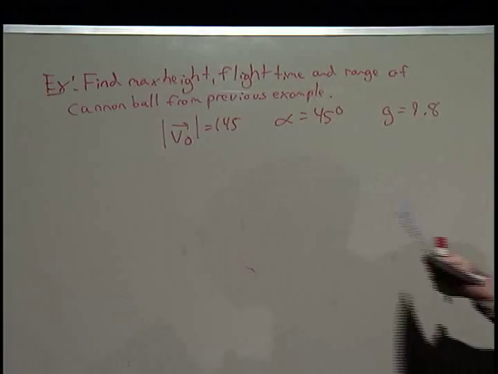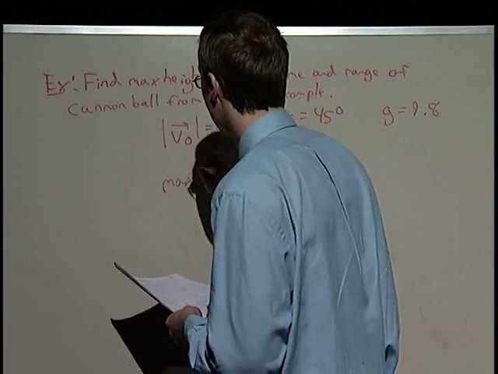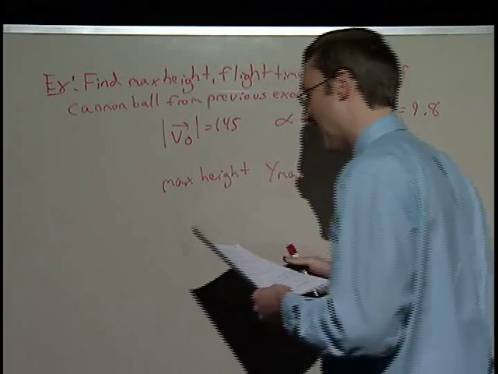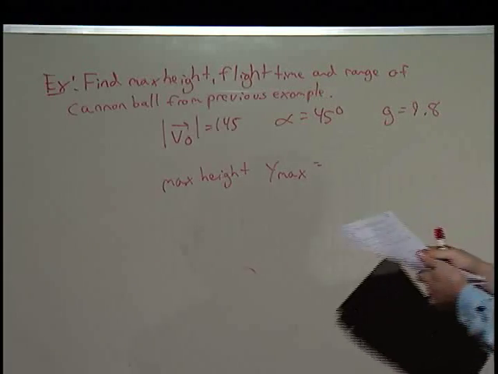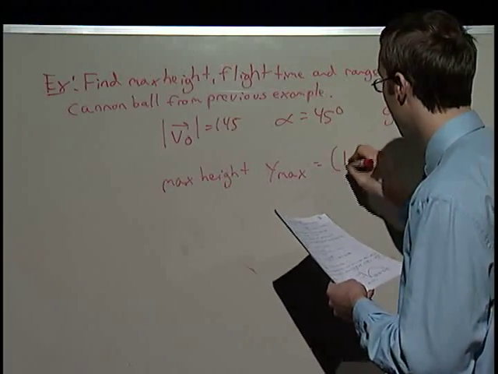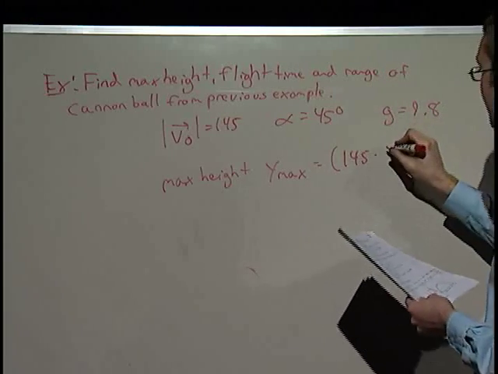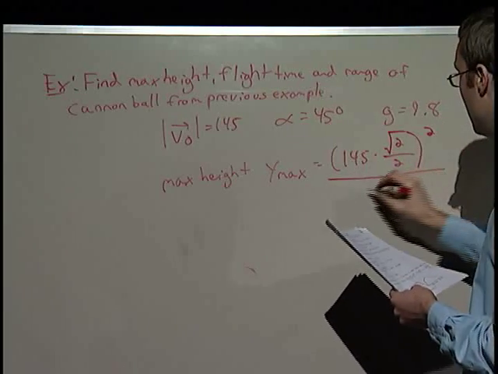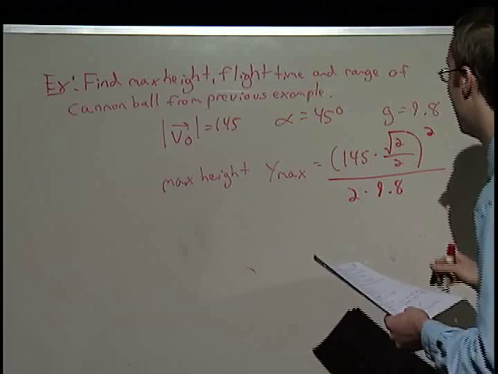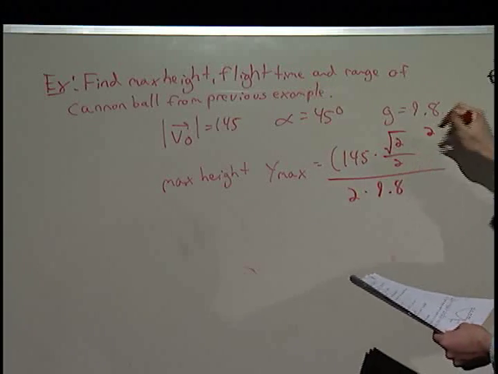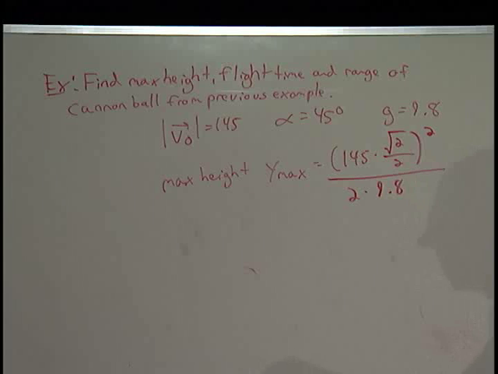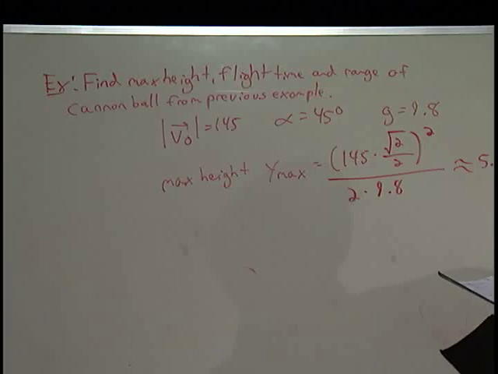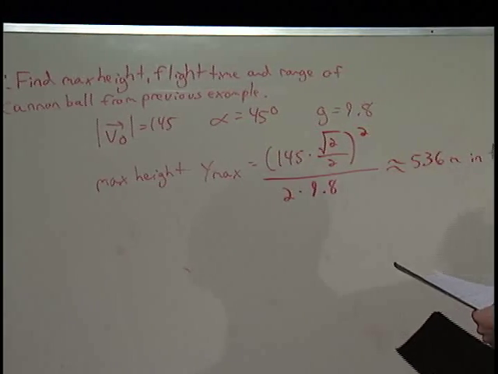Okay, well, max height, we'll call it y sub max. So that is v naught times sine of alpha, squared, all over 2 times 9.8. You plug the numbers into the formula, and you get about 536 meters in the air as the max height.